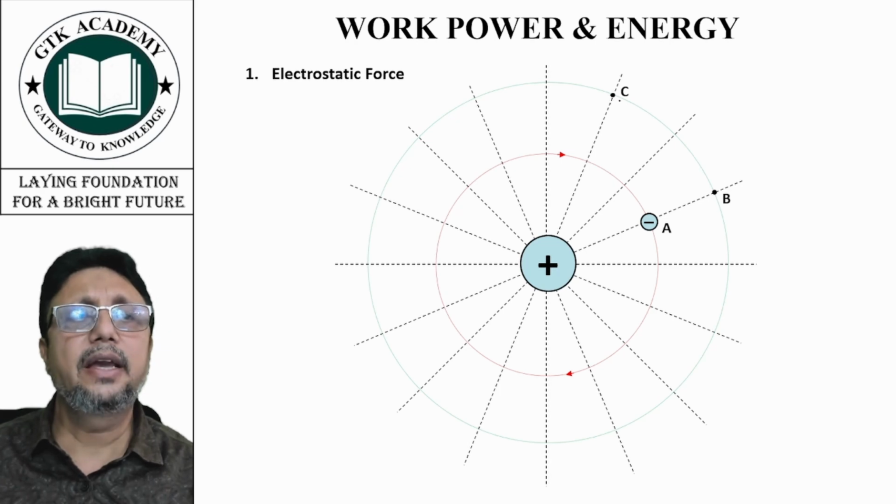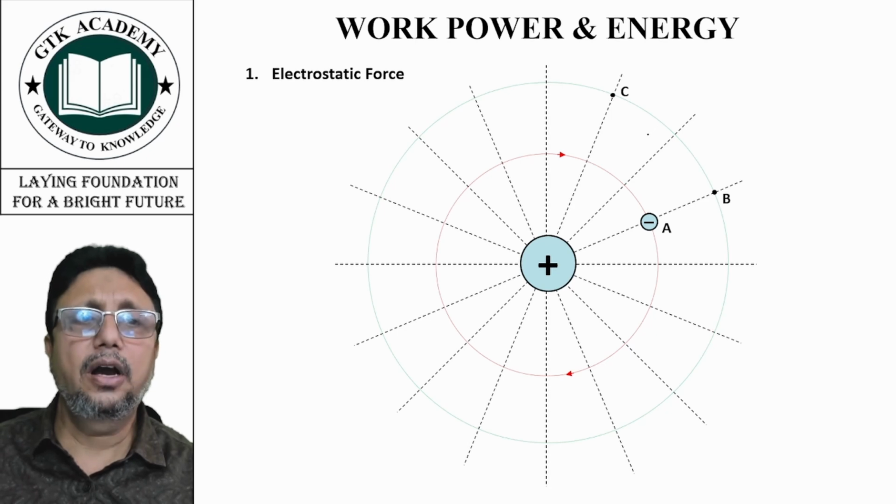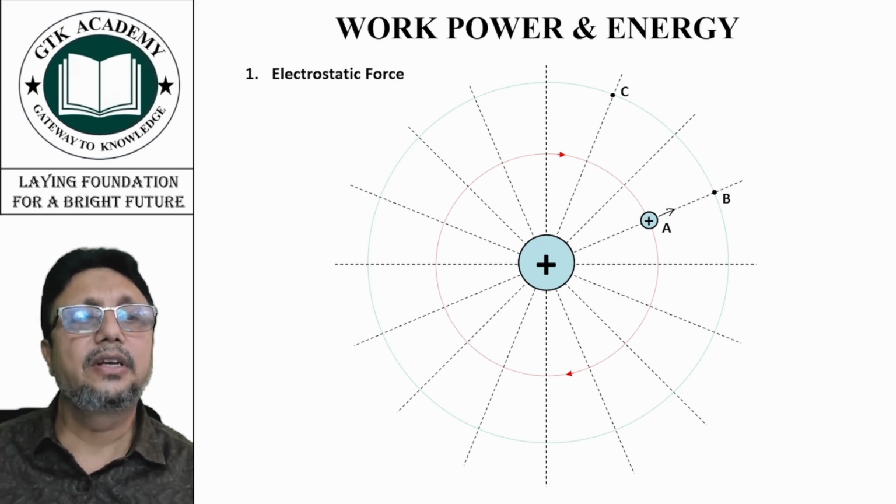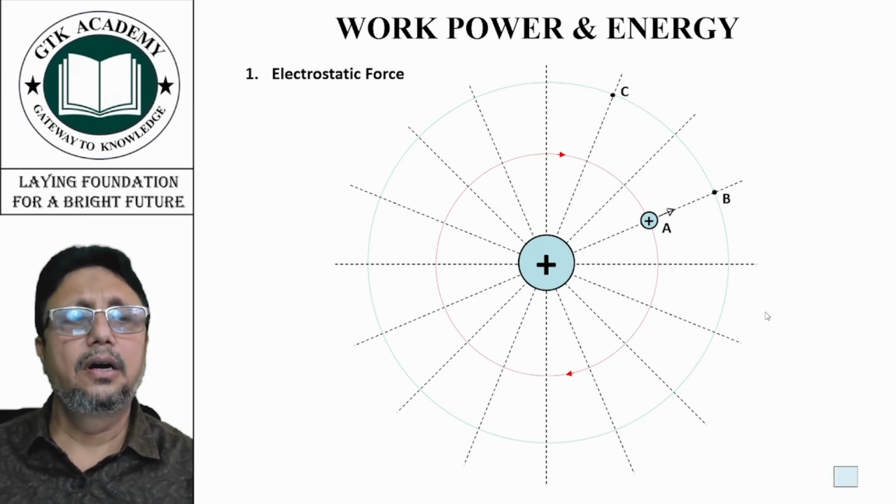But from B to C, again there will be no work. But from A to C, there will be work done irrespective of the path you adopt. Now, in case instead of a negative charge, you have a positive charge, here the force is directed in this direction. That is the only difference here. I hope this is clear to you.